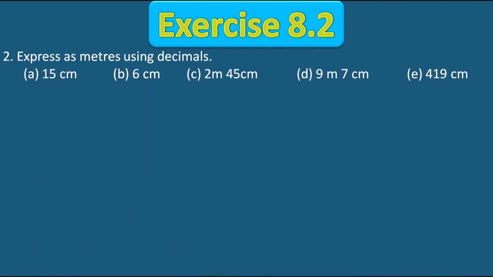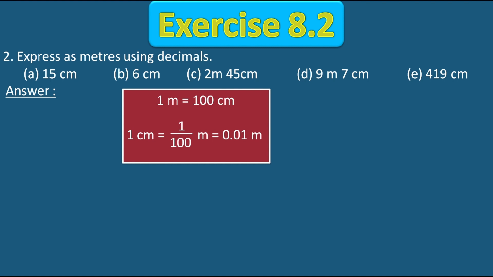Second one. Express as meters using decimals. Now they have given us the things in centimeter and we have to convert it into meters. So for that you should know 1 meter is equal to 100 centimeter. Therefore 1 centimeter is equal to 1 upon 100 meter, which can be equal to 0.01 meter.